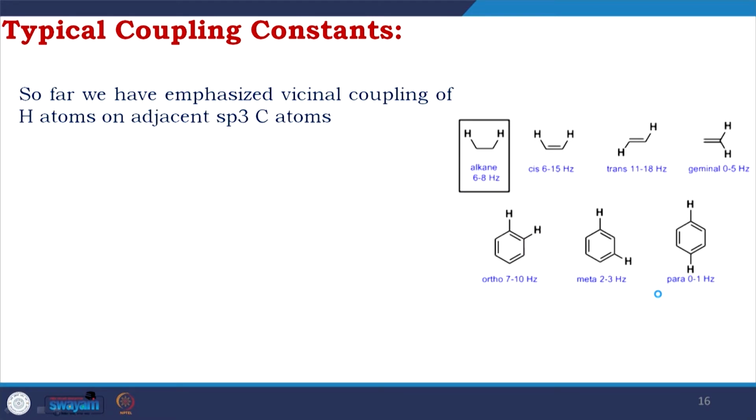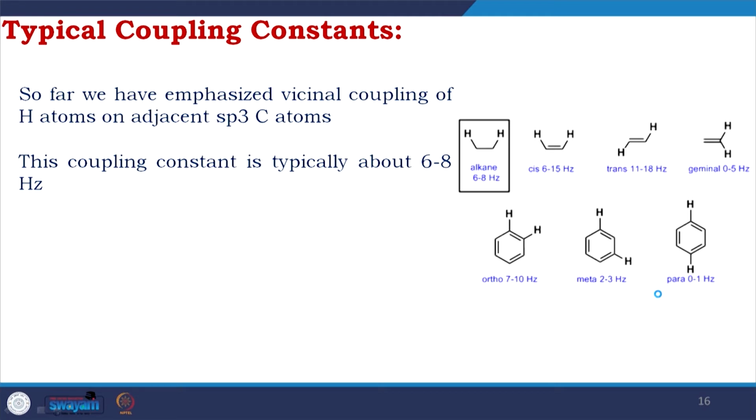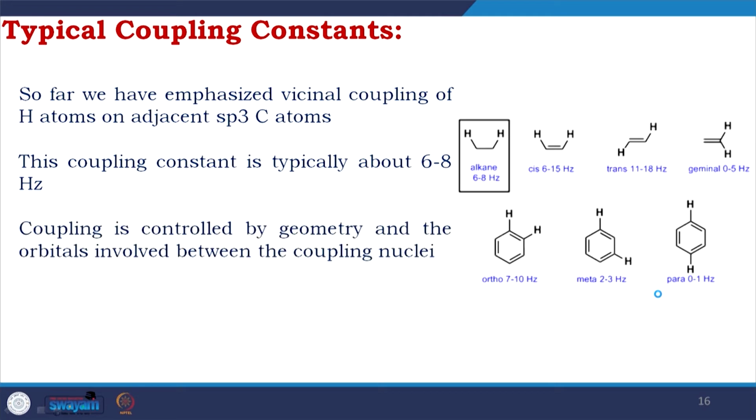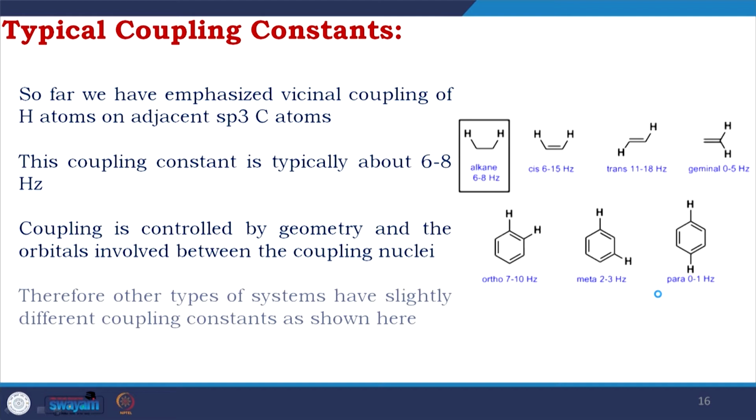So far we have emphasized vicinal coupling of hydrogen atoms on adjacent sp3 carbon atoms. This coupling constant is typically about 6 to 8 Hertz. Coupling is controlled by geometry and the orbitals involved between the coupling nuclei.